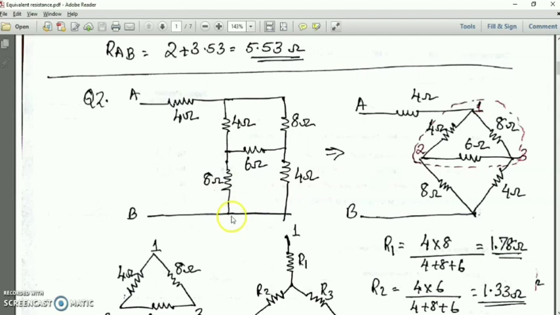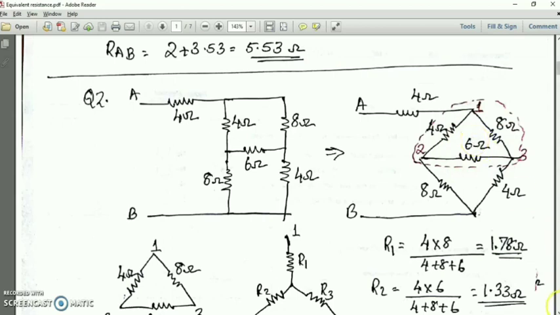Similarly, there is nothing in between 8 and 4 at this end, so we can simplify it to this form. Okay, so now look carefully. We are going to mark 3 points, 1, 2, 3. We are going to take out this delta network from the circuit, and we have to convert it into a star.